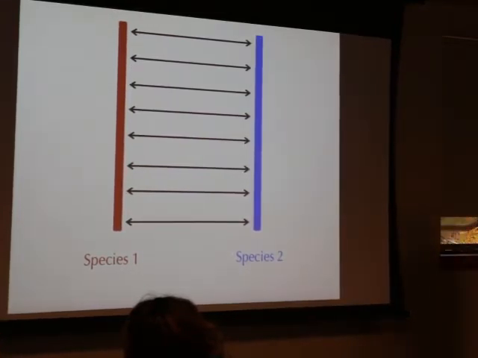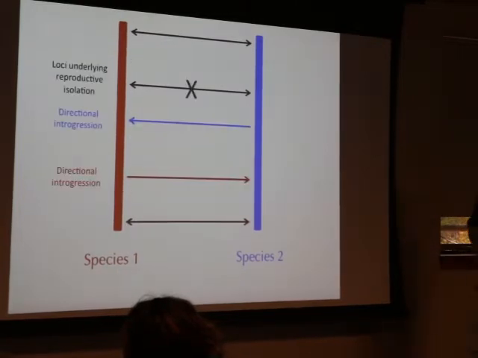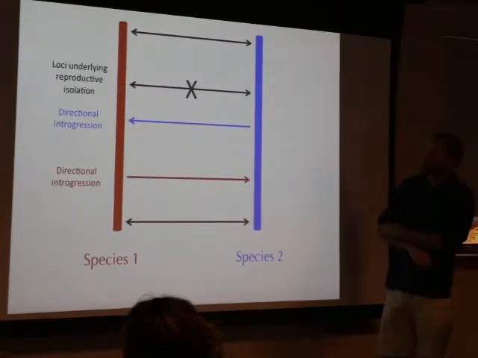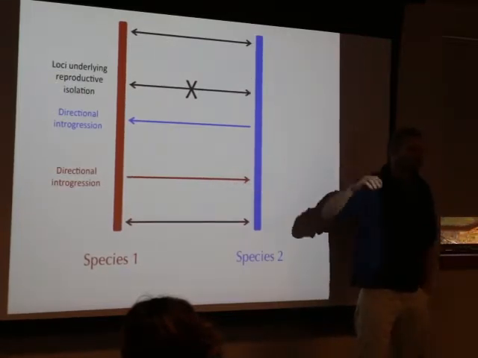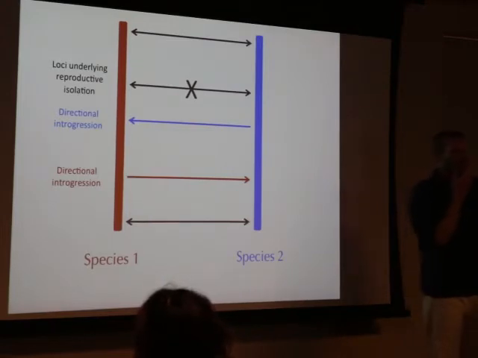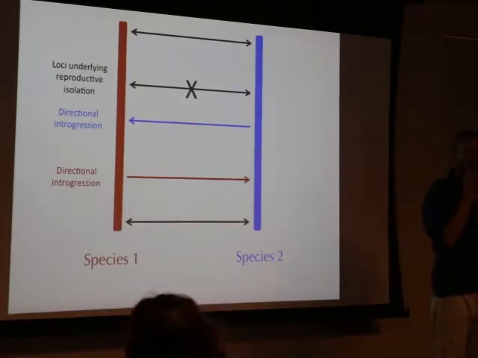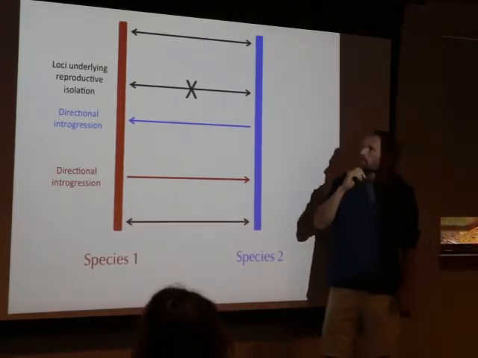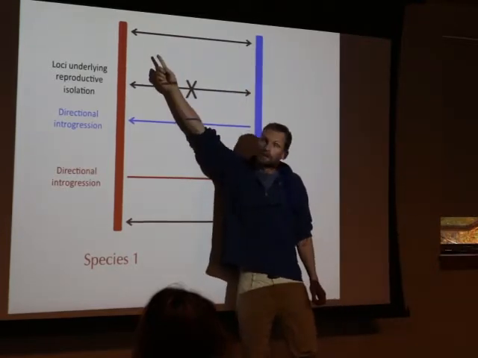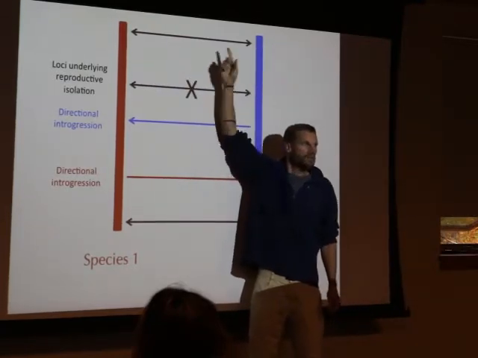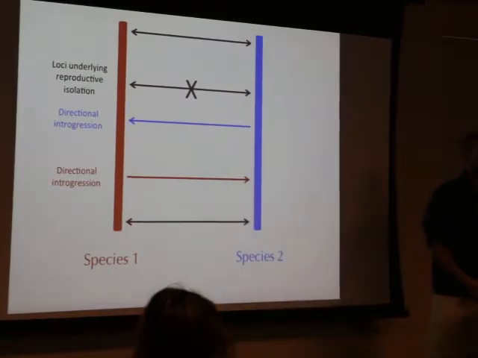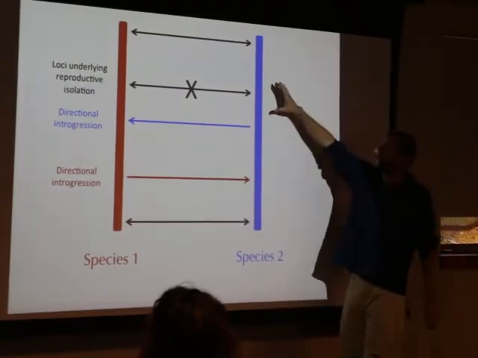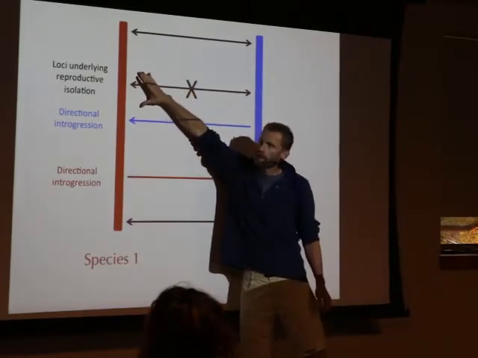Okay. Obviously, since genomes are complex things, this is not going to be a simple picture. And we can think of, at different points along the genomes of these organisms, different types of processes going on. In some parts of the genome, we might have alleles at particular loci moving back and forth as a result of hybridization. At other parts of the genome, we might not find that.